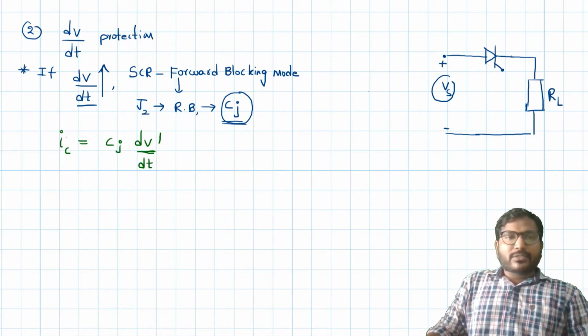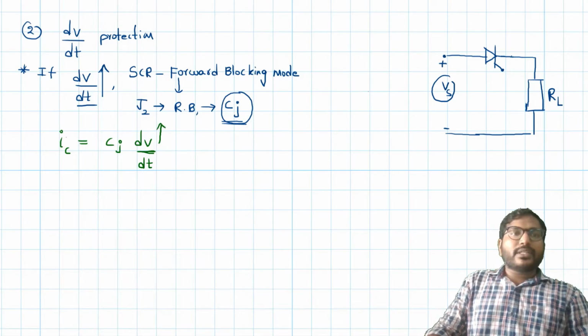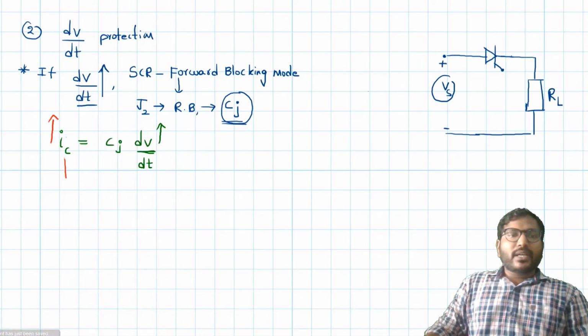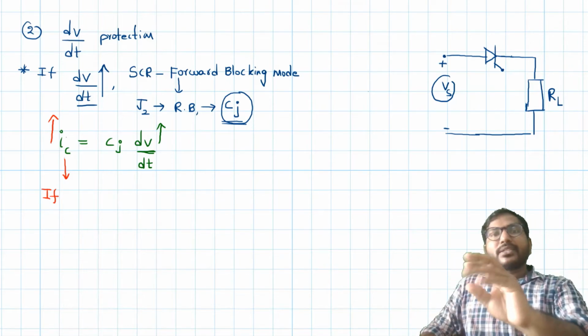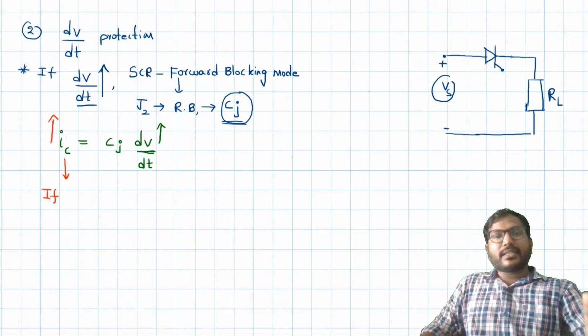If this dV/dt is more, this Ic is also more.